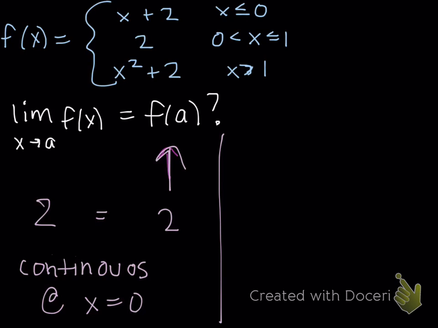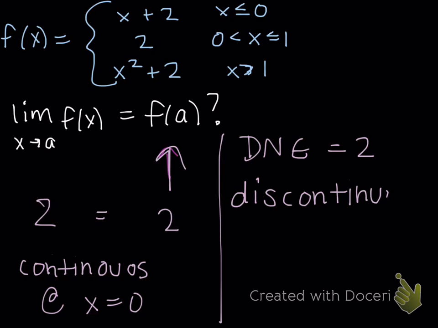Now for 1, for the limit we got does not exist, and f of 1 was 2. So it's definitely not continuous. We would say it's discontinuous at x equals 1.